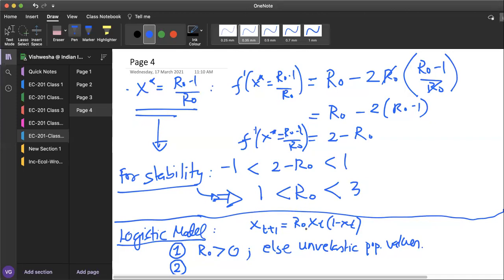The second constraint, which I haven't yet told you at all, is the following. Actually, three constraints, by the way. We want x to be always positive, right? Now let's say I start with x of 1.1. Then this term becomes negative, right? Therefore, the next generation becomes negative.